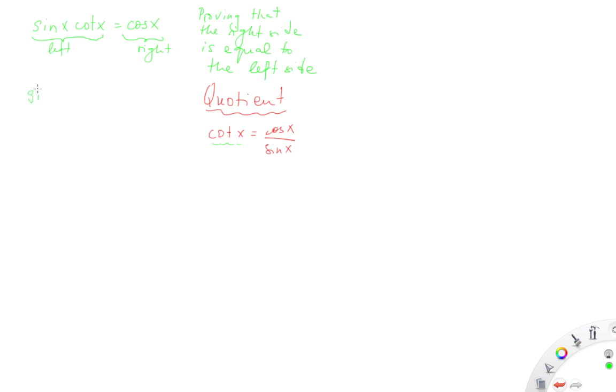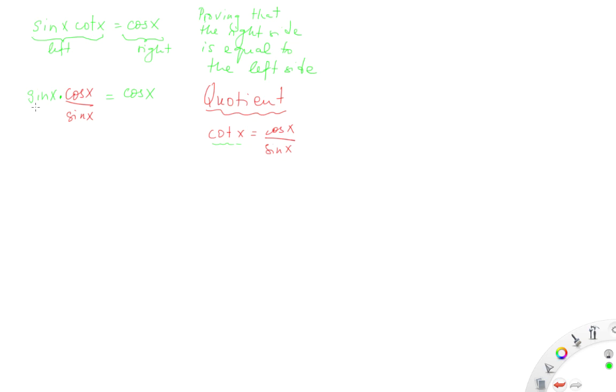So I'm going to say sine of x, and now instead of cotangent of x, I'm going to write cosine of x over sine of x, and then I'm just going to copy the right side. Here the sign is multiplication. If I don't see anything, that means I multiply.